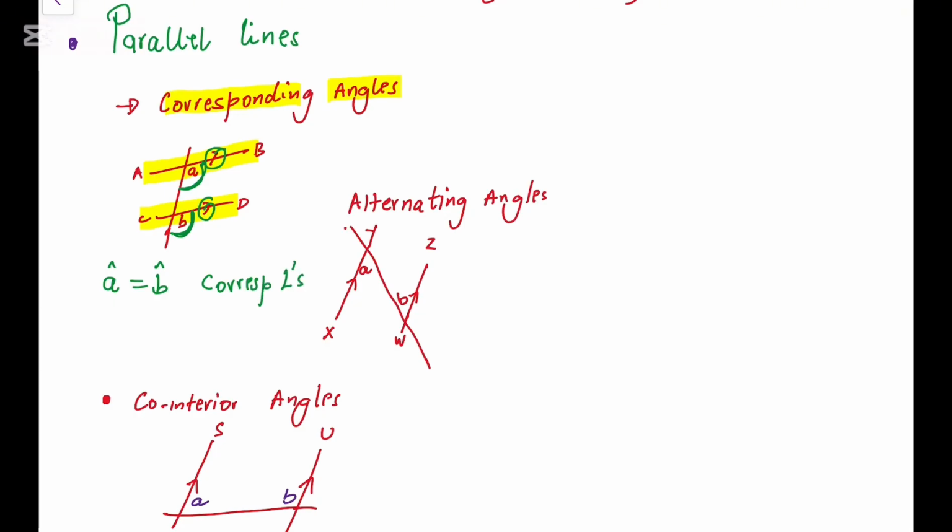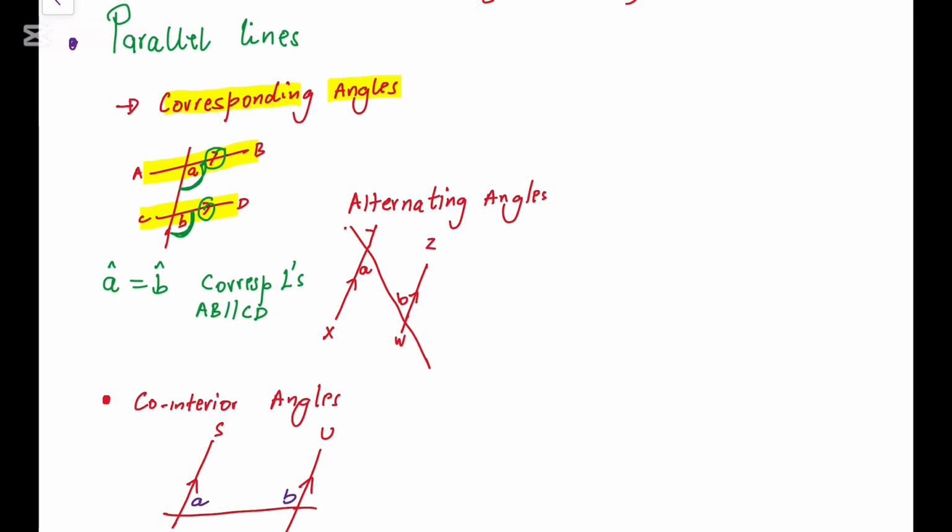But why are they corresponding? They are only corresponding because AB is parallel to CD. So you need to mention lines that are parallel. You can't just say corresponding angles and leave it like that. So AB is parallel to CD.